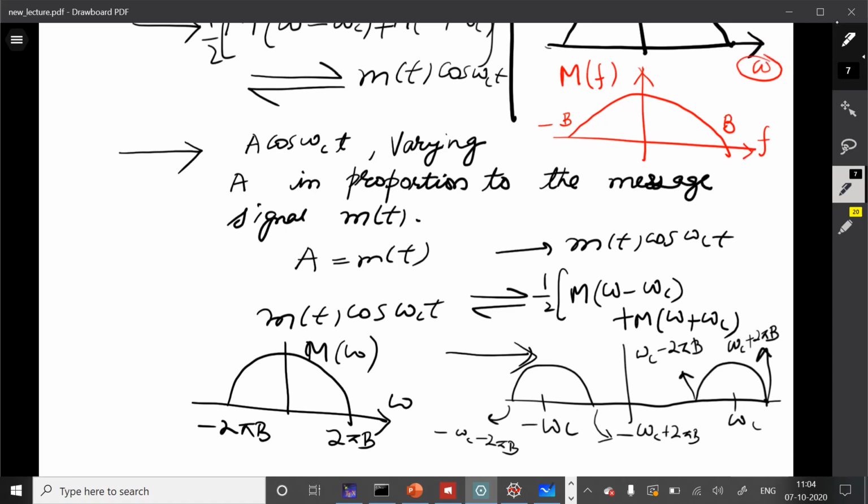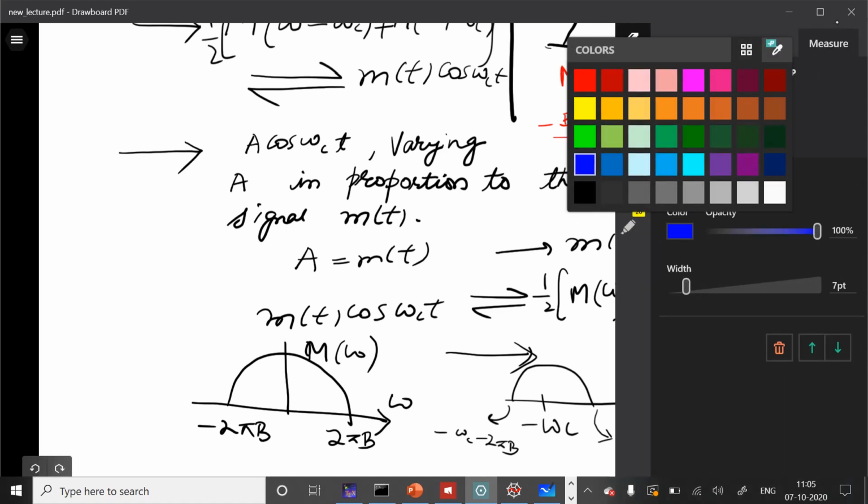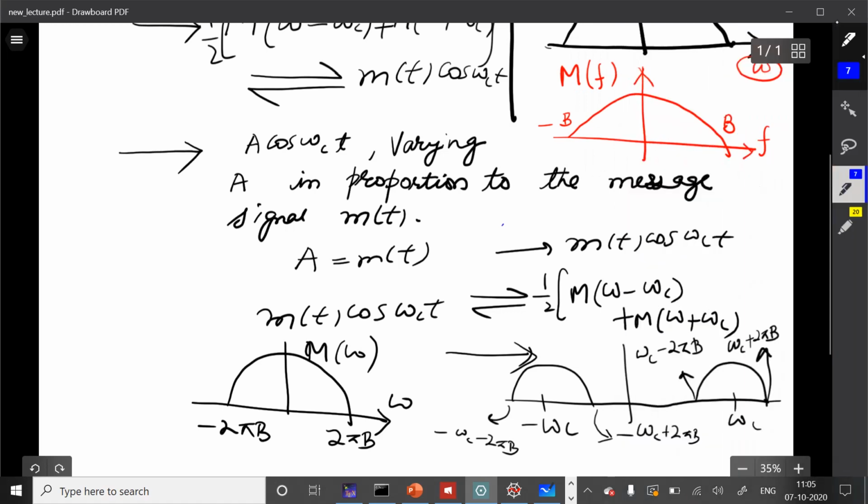Okay, so this type of modulation where the amplitude, right, so you can clearly see that the amplitude of this signal A varies in proportion to m of t.